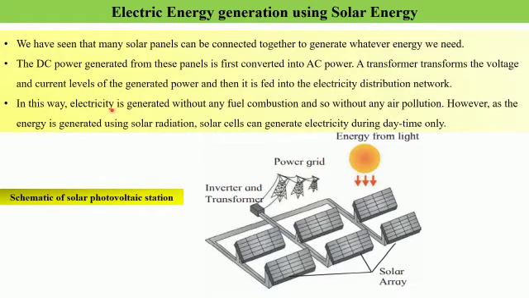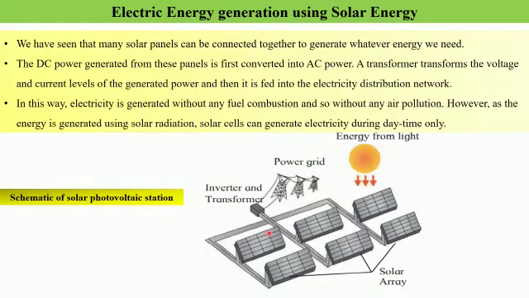In this way, electricity is generated without any fuel combustion and so without any air pollution. However, as the energy is generated using solar radiation, solar cells can generate electricity during daytime only. So this is a limitation of solar energy, that we can utilize this energy only during daytime.